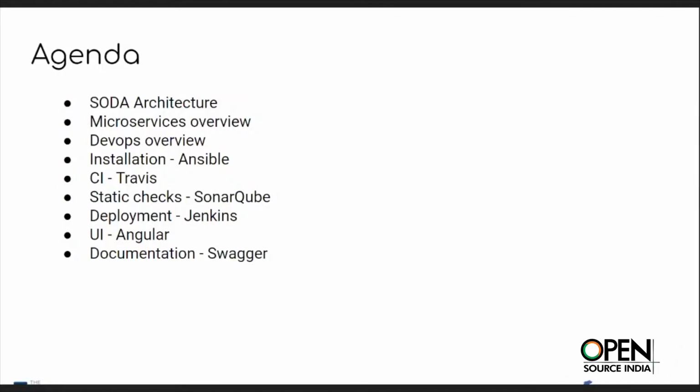We also need to know about DevOps, which is basically development and operations combined, which helps us solve the various challenges that we face in microservices. Thereafter, I'll be taking you through the various tools and technologies we use in Soda Foundation to solve these orchestration and integration challenges. Some of the tools which we use are Ansible, Travis, SonarQube, Jenkins, Angular, and Swagger.